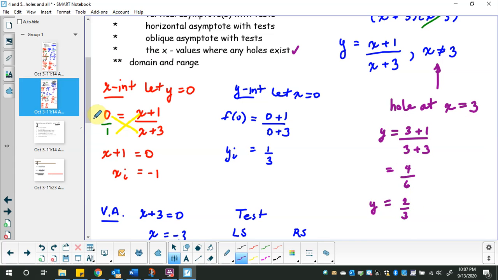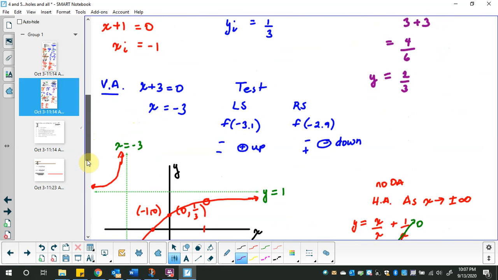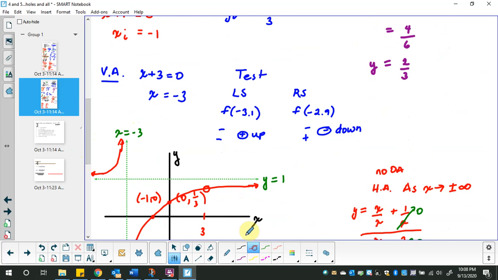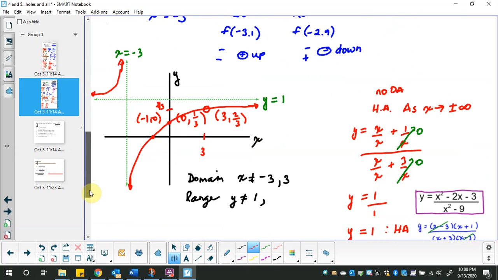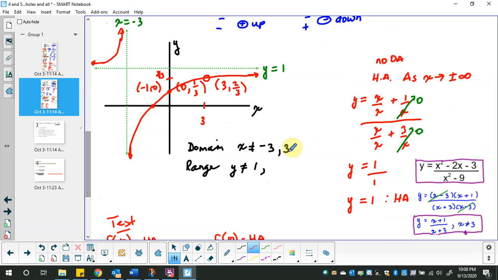So that hole is actually at the spot (3, 2/3), which means I skip over 3 on the x and I skip over 2/3 on the y, and that's the range. So now we have a complete picture.